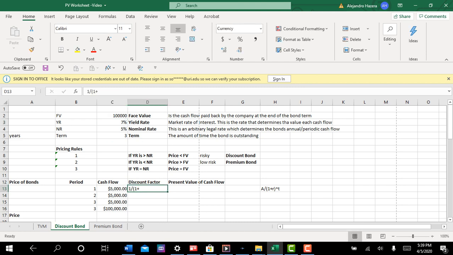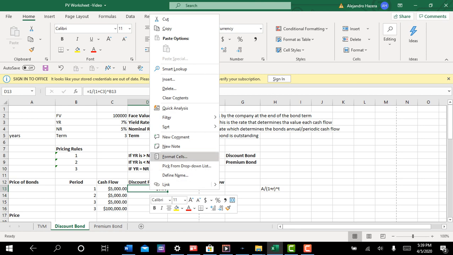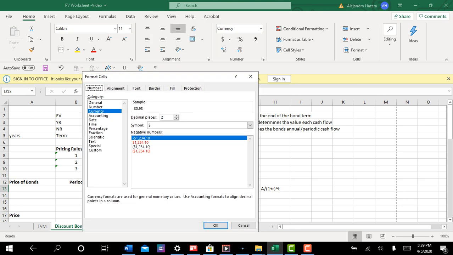So this is equal to 1 divided by 1 plus the interest rate raised to the period. Okay, and that's perfectly fine. Okay, but I definitely want to take this dollar sign off here, and I'll probably go out 4 or 5 spaces there.